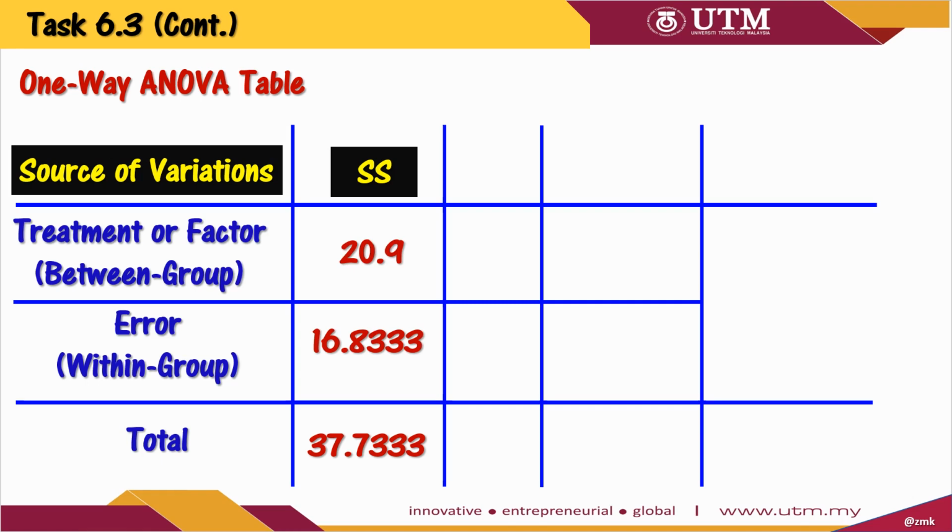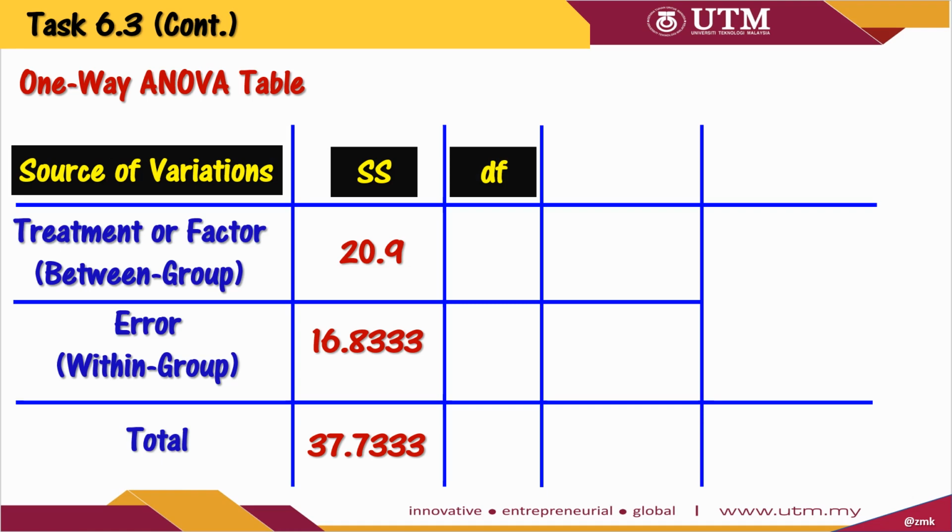Please make sure that you write the sums of squares values correctly in the correct cells because the values in the other columns will depend on the sums of squares that you write in the second column. The order of the table must also be correct. The third column is for the degrees of freedom.